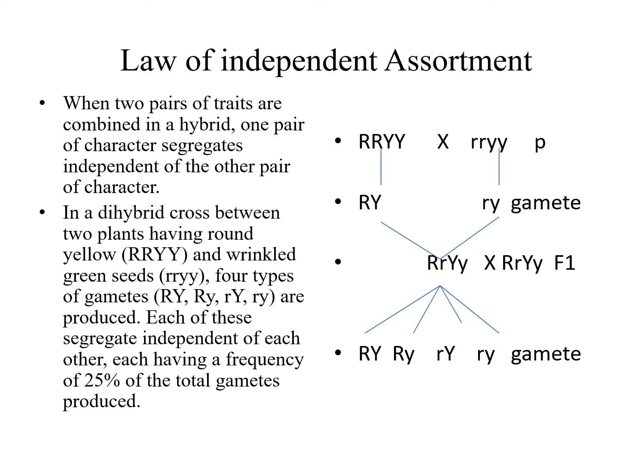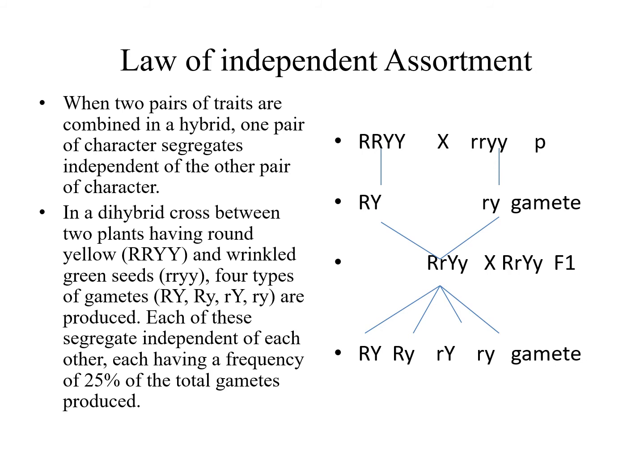From this cross you can understand the first parent is homozygous dominant, the second parent is homozygous recessive. We express them with letters: capital R round, capital Y yellow. So two traits are taken for this parent. The next parent is wrinkled and green, so small r, small y.